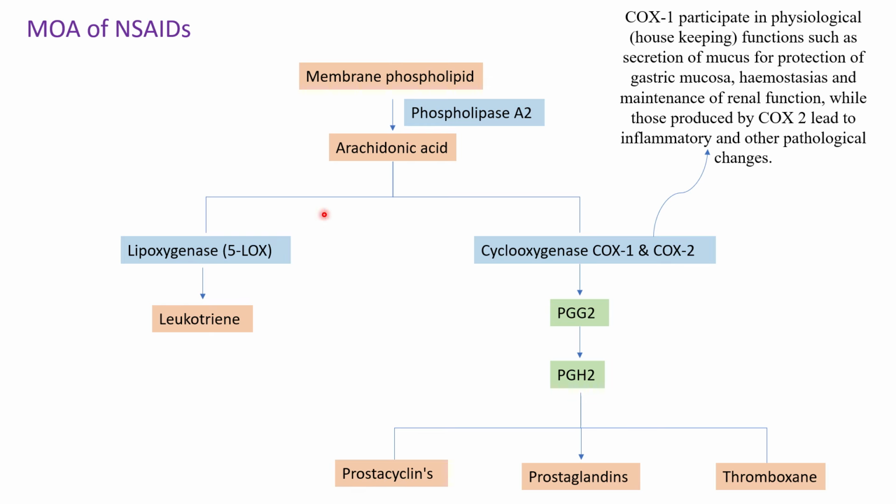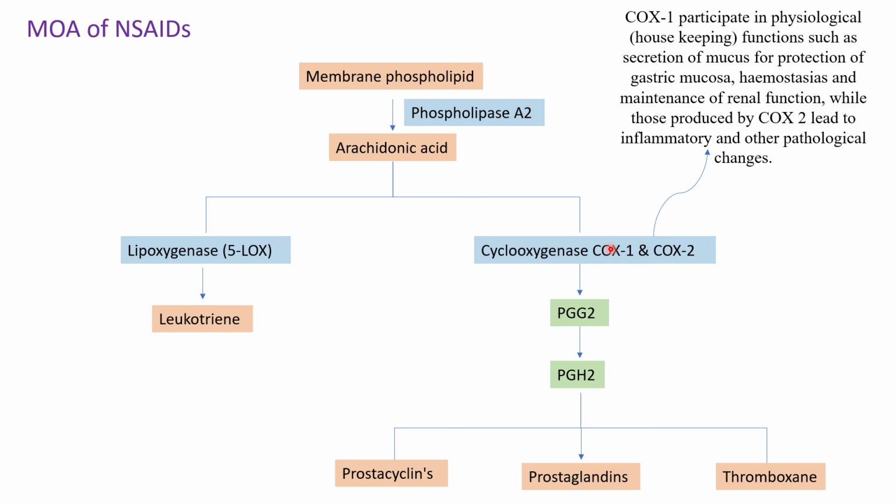In the lipoxygenase pathway, it will form leukotrienes, which are involved in inflammation and allergy. Whereas in the cyclooxygenase pathway, it will form prostaglandin, prostacyclin and thromboxane, which cause pain, fever, inflammation and help to protect the stomach and the platelet.